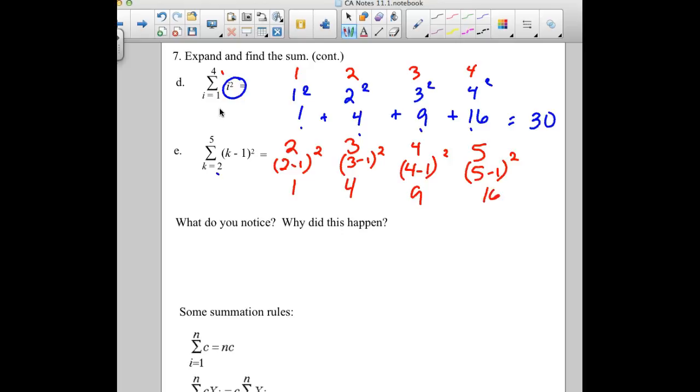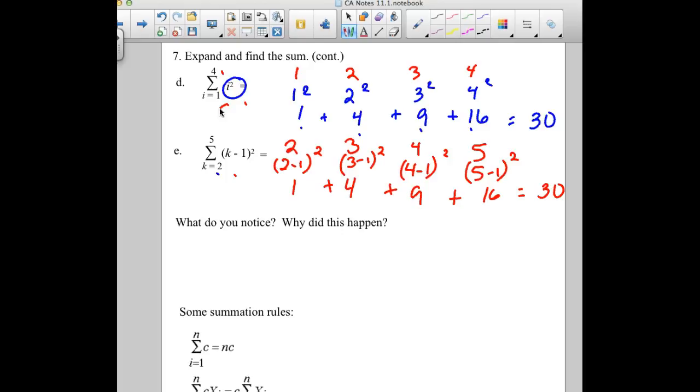Is that any different than what we just did in the previous one? We're getting the same numbers. Why? These look different. Our two formulas here. Both of them involve squaring. The first one says start with a 1 and stop at a 4 and just square those numbers.